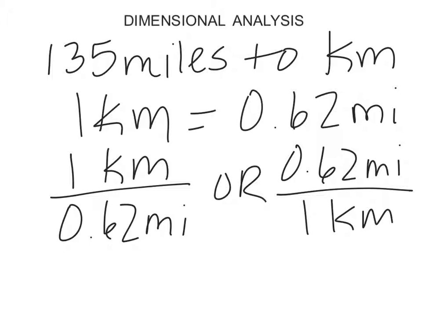Now remember that a conversion factor is equal to 1. So all you're doing when you multiply by a conversion factor is multiplying by 1. You're not changing the measurement value, you're just changing the unit that you're reporting the measurement in.